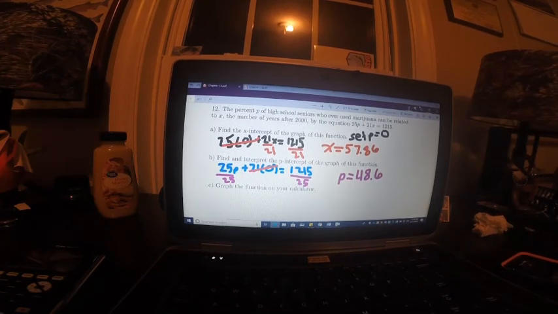We would need to solve for p if we wanted to do that. I'm going to go ahead and pull that x to the right hand side, and then we'll solve a little more. So we'll get 25p equals negative 21x plus 1,215.